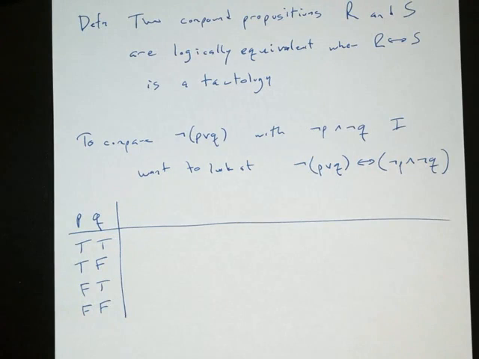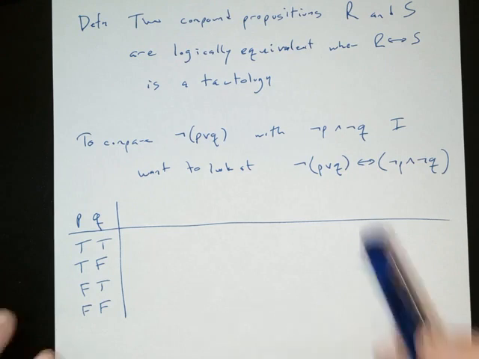You can start with the thing on the left side of the if and only if. You can start with the thing on the right side of the if and only if. We're going to have to build both of those, and then we're going to have to put the bidirectional arrow in the middle and build one more column.